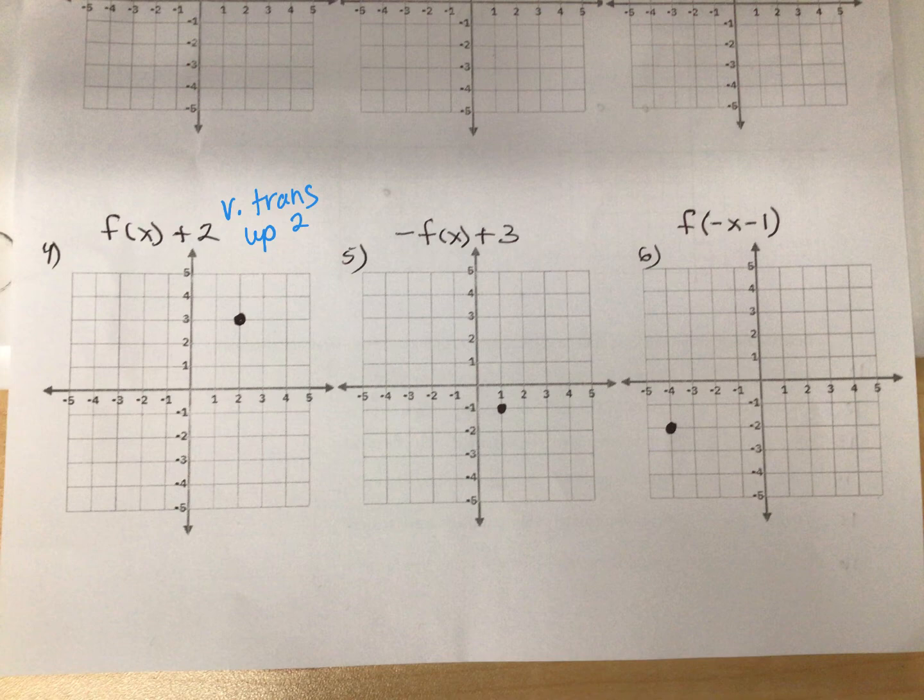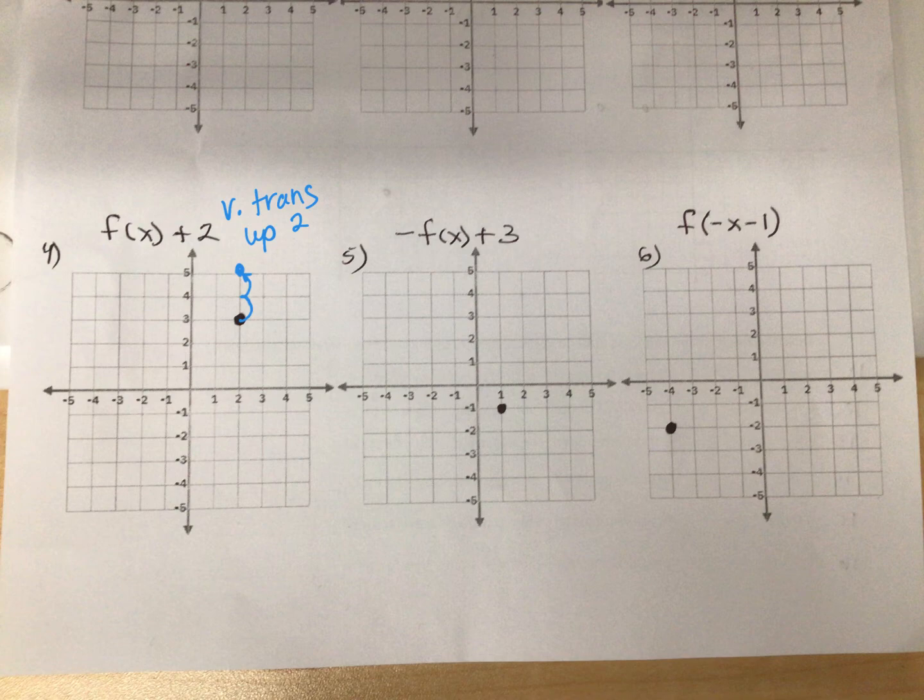You can write the whole word out. You can abbreviate V trans up 2, save yourself a little bit of time writing. So I'm going to take this one point and we're going to move it up 2. And now we are at 2, 5 instead. So the vertical translation up 2. If I had a whole graph, I would move all of the points up 2. And that's where my new function would be.